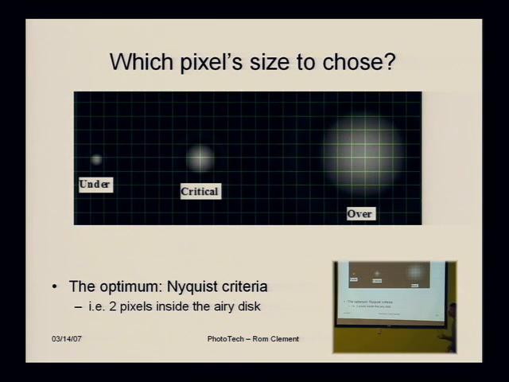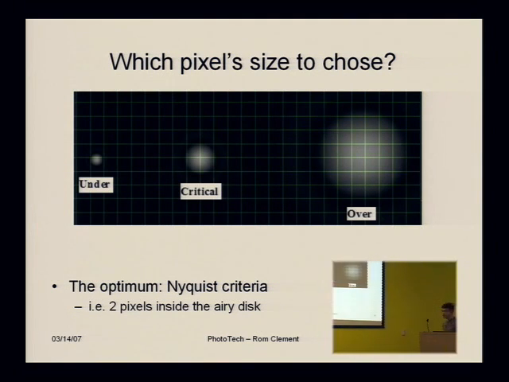If I'm undersampled, it just means that I have a very good optical system, and I'm not using the appropriate sensor or CCD. I could get a lot more information and a lot more resolution if I was using a CCD with smaller pixels.